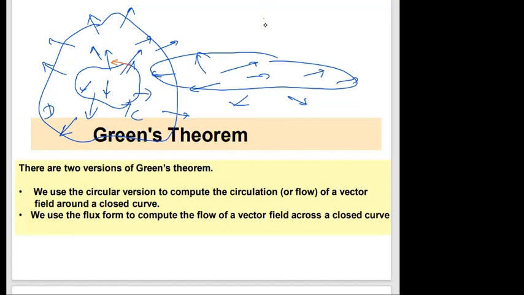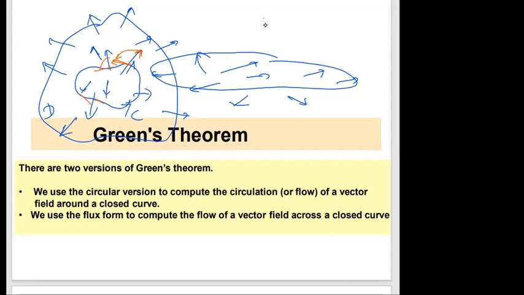You always consider the component of this. So you just take the cos, dot product, and take the tangent component of this vector field.